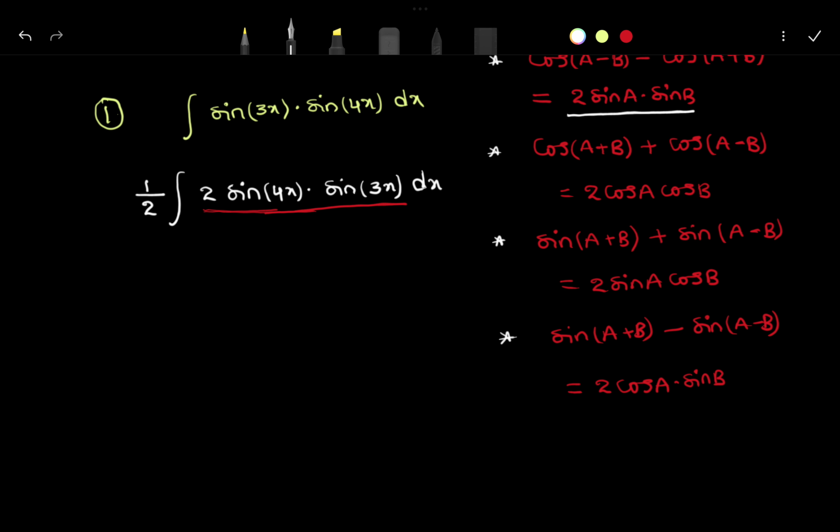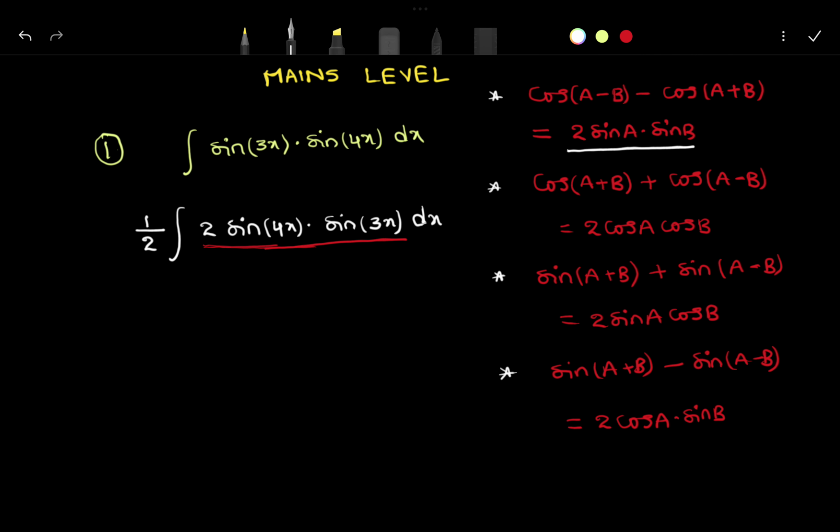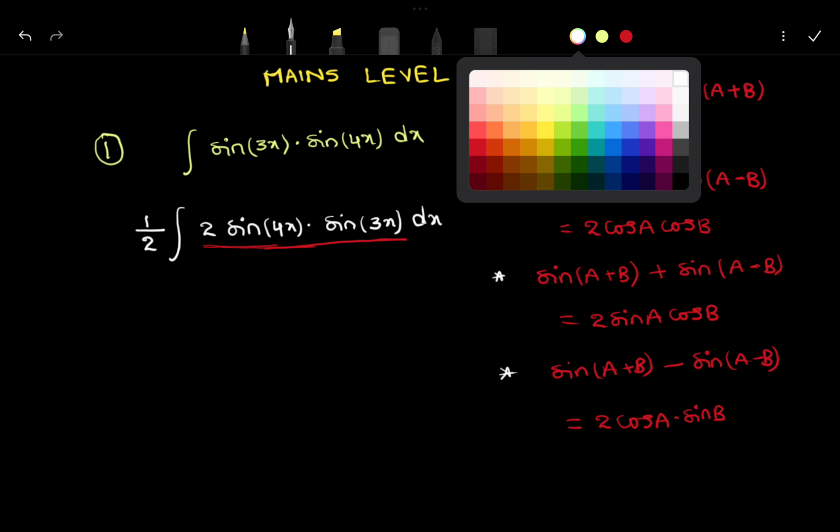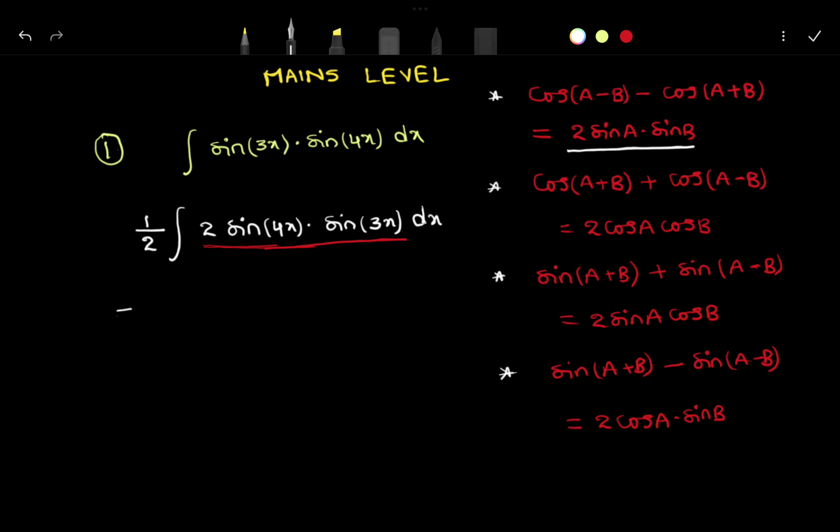What is that value? cos(a minus b) minus cos(a plus b). Using this, the value will be 1 by 2 into the integration of cos(4x minus 3x) minus cos(4x plus 3x) dx.